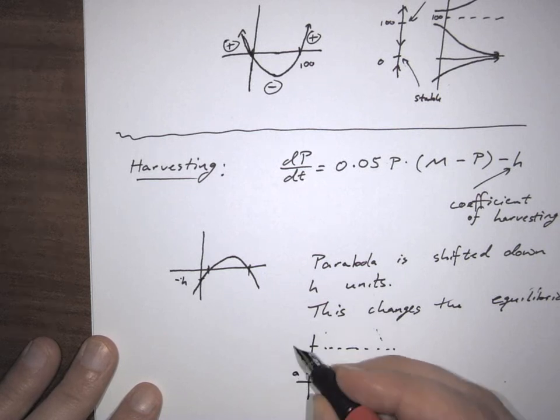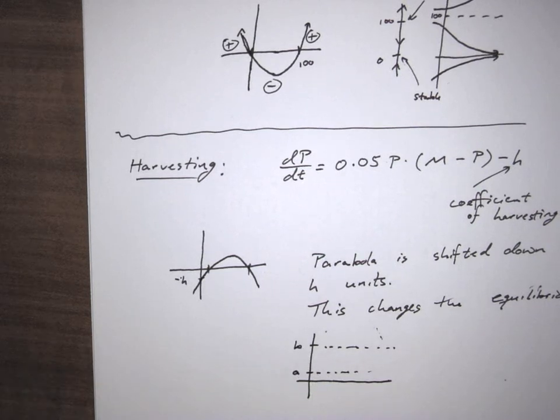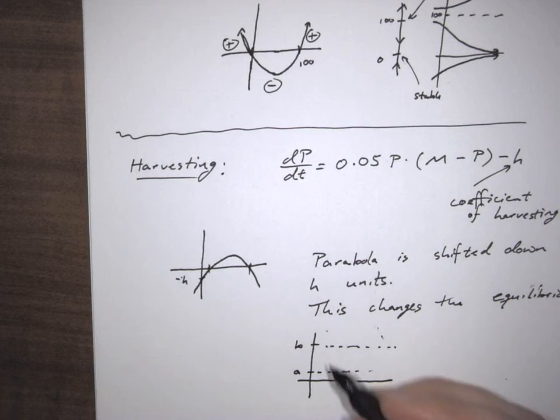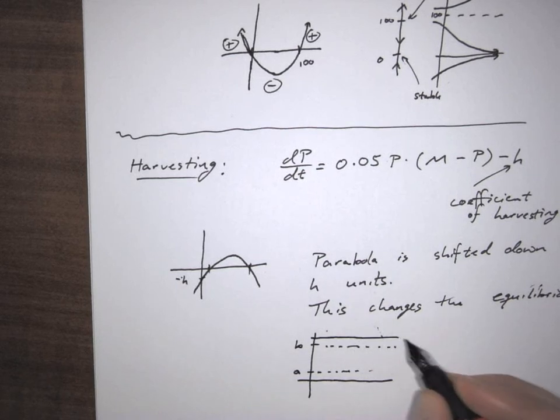So now we have two new equilibria, A, which is slightly off from 0, and B, which is slightly off from n.